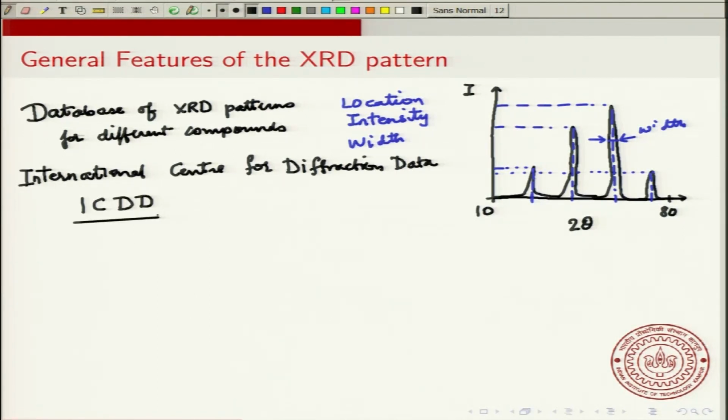And then there is also the International Crystal Structures Database, ICSD.